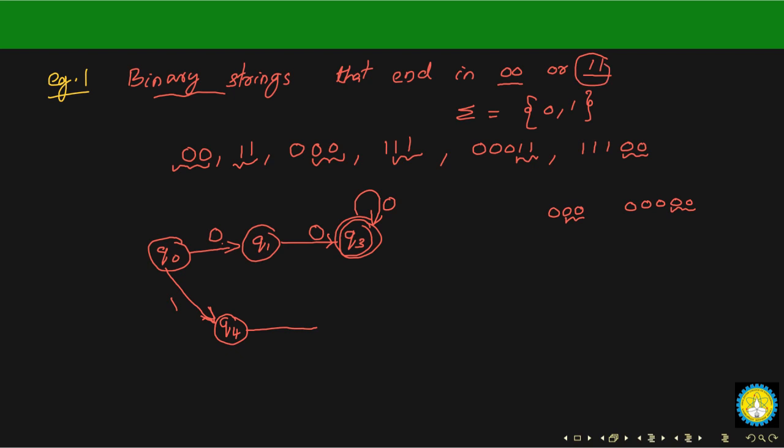So I'm going to draw another state which is called Q5, and Q5 is a final state. So we are also done with 11.